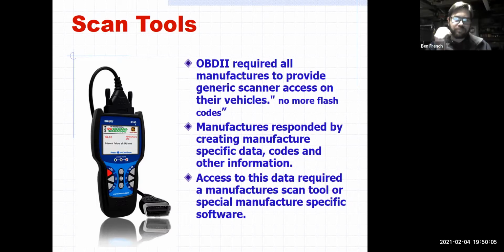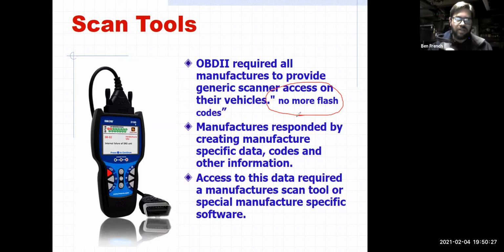Anyways, I have on here no more flash codes, because in the OBD1 days, it was pretty common to figure out if the computer had set a code, and what code it had set. You would have to take a paper clip, right? You'd have to take a J tool, stick it in a special spot, and count the flashes.